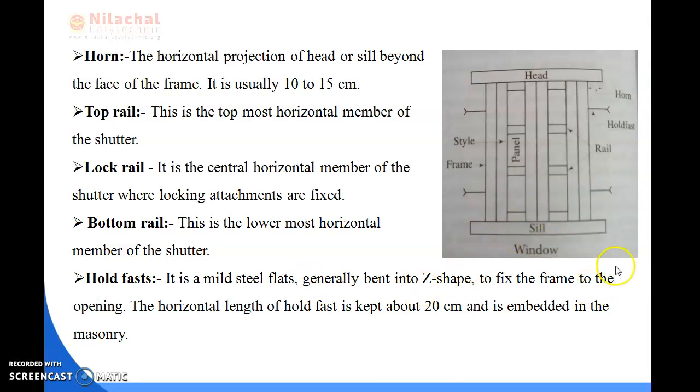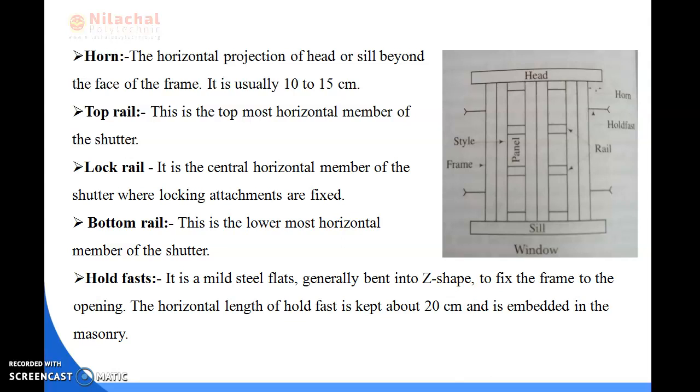You can see here, this is the top rail part, and this one is the lock rail part.